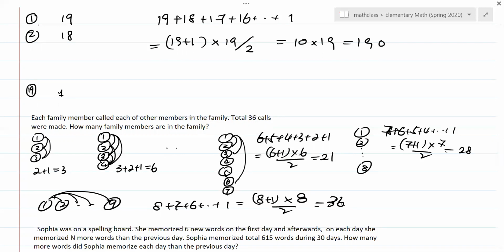So there are 9 members in the family. Okay. So first of all, you make a quick conjecture, so you don't need to repeat so many times. Usually you begin with 6 or 7, maybe, right? But the idea is similar. Okay.